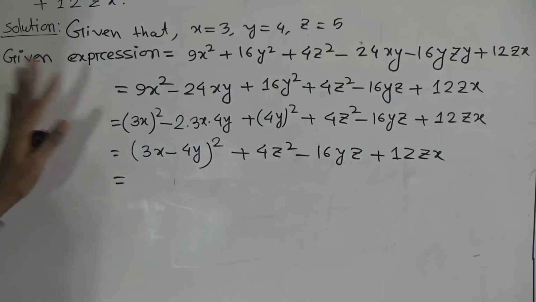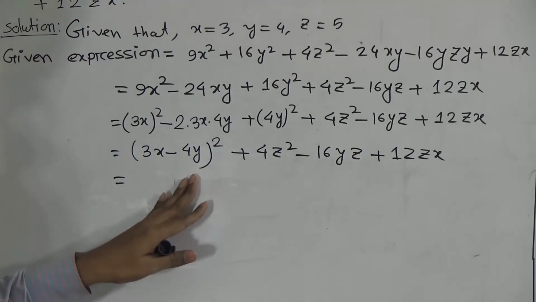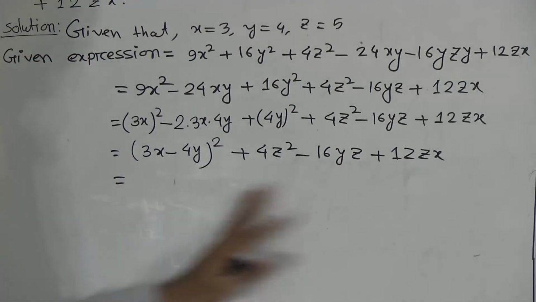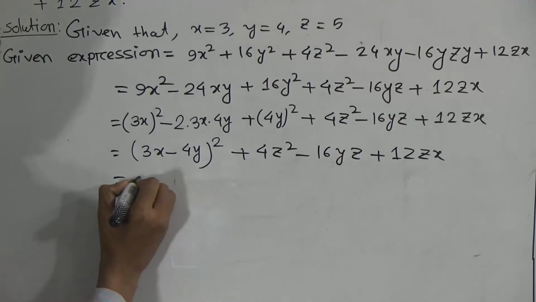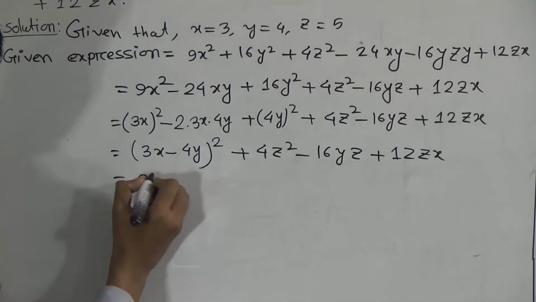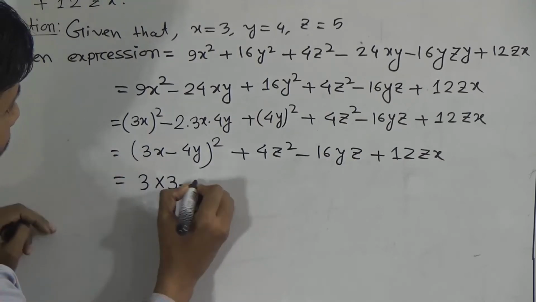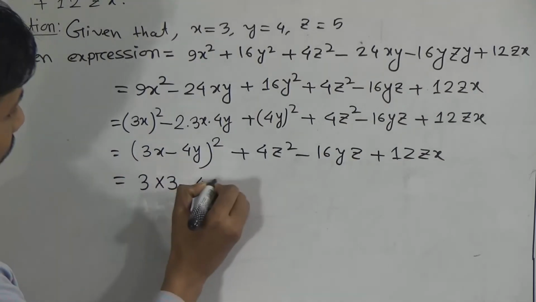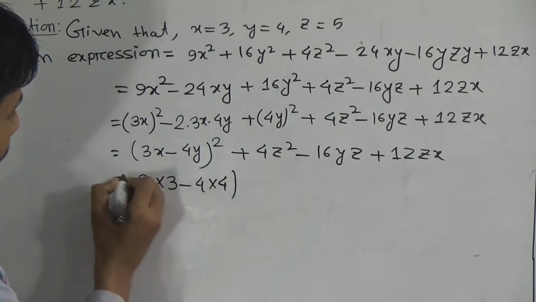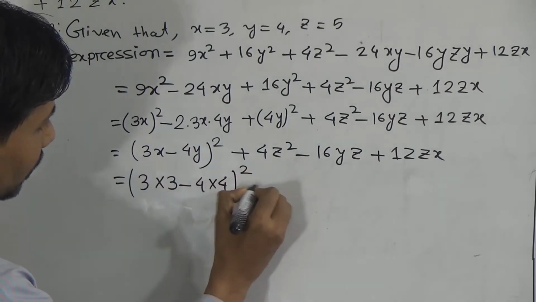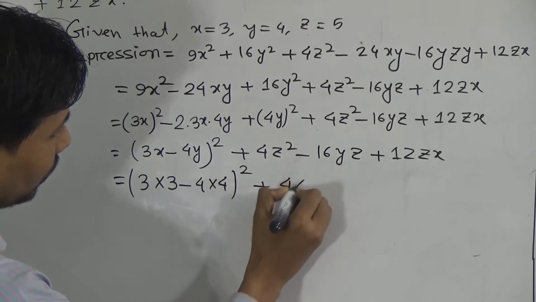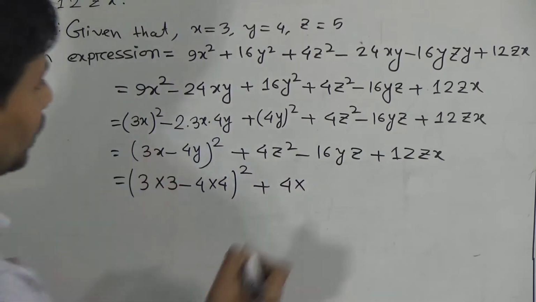We know the value of x is 3, value of y is 4. Now we put the values: 3 for x, minus 4 for y, whole square, plus 4 times z, where z equals 5.